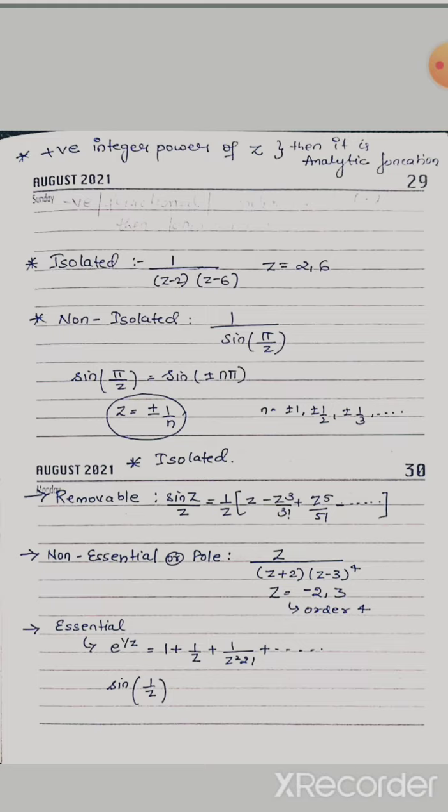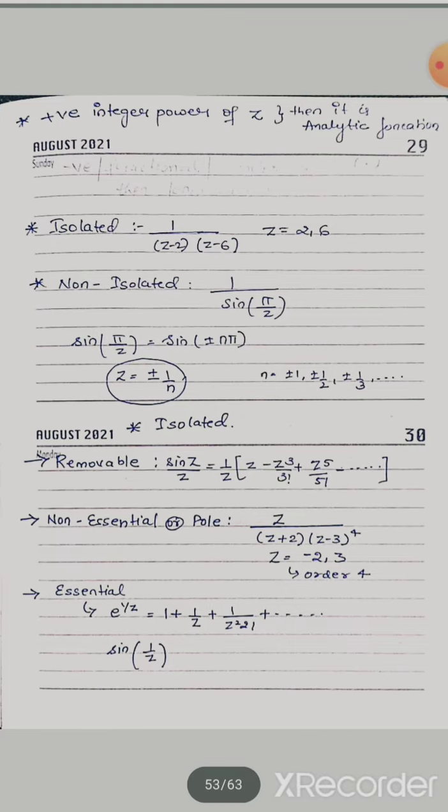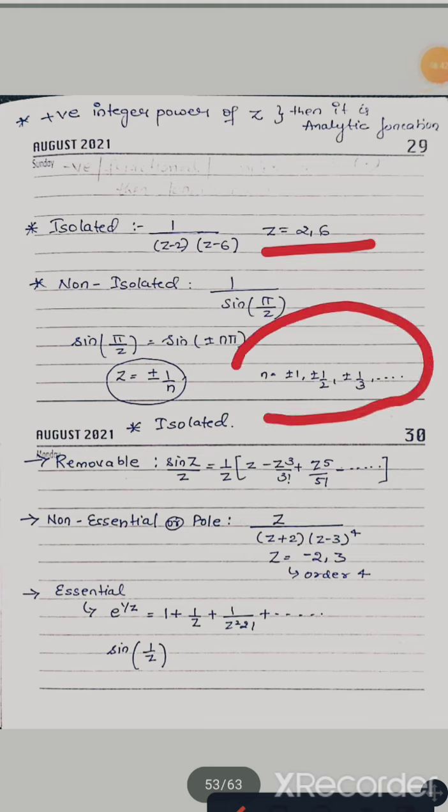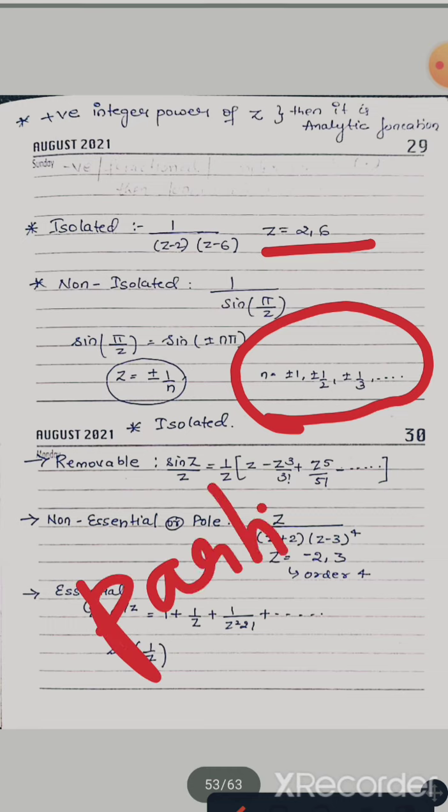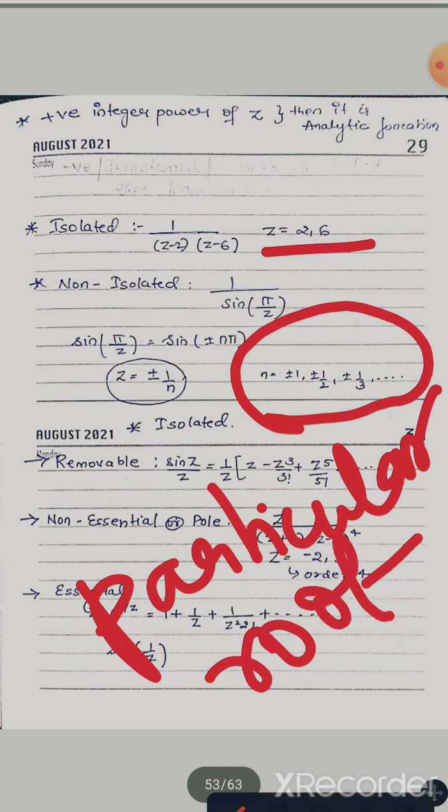Where you can find the roots for the given function, it is isolated. In non-isolated, you get an infinite value, with no particular root. When it does not have any particular root, then it is a non-isolated function.